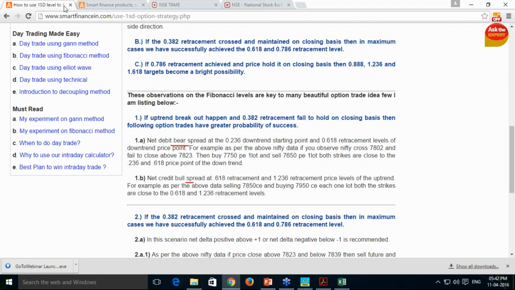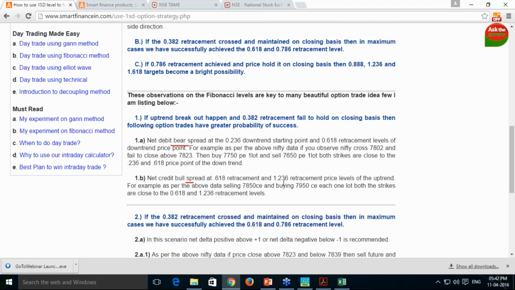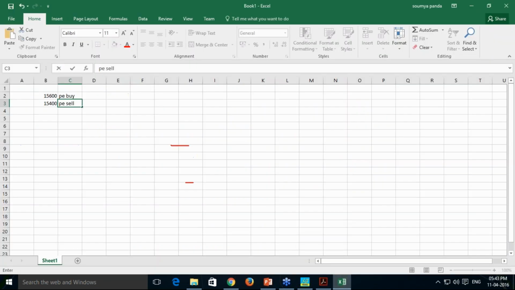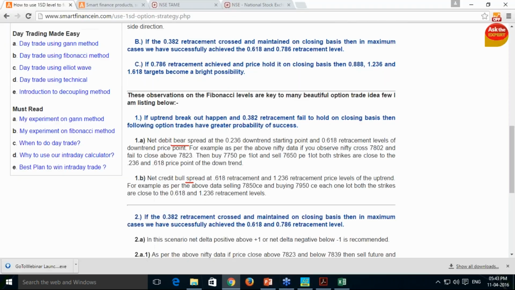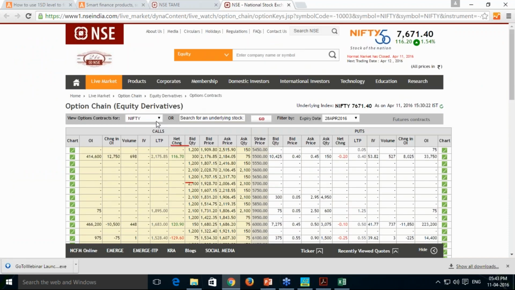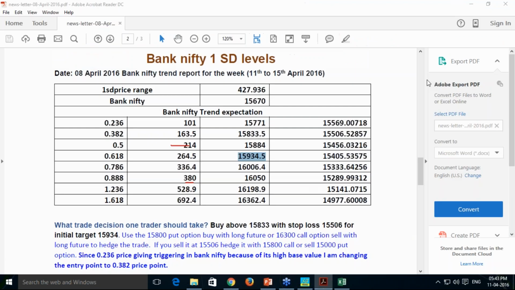I can think of a net credit bull spread also, which I will take in the next example. If I am forming a net credit bull spread at 0.618 and 1.236, these are the points I have to take. The 1.236 comes to 16,200, so I can round it to 16,000 and 16,200.